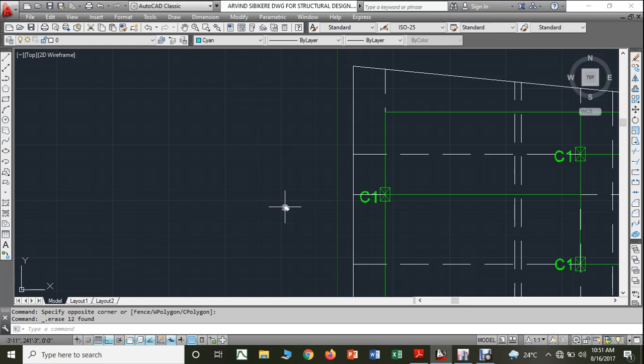We have to understand here that the load received by the plinth beam will be very less as compared to the load received by the roof beam. The load received by the roof beam will be much higher than that of the plinth beam. You may have the question, why?